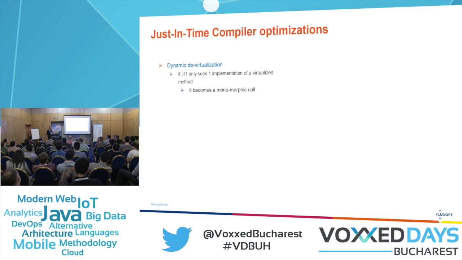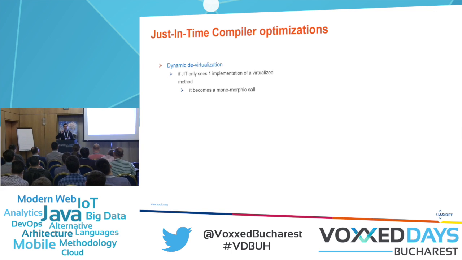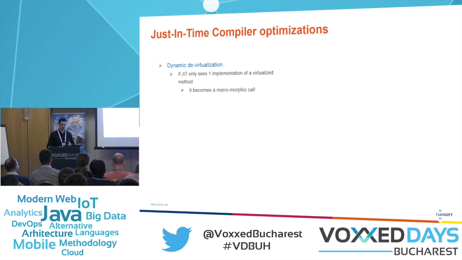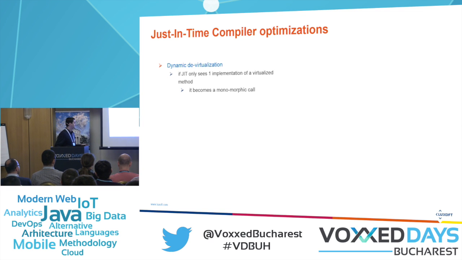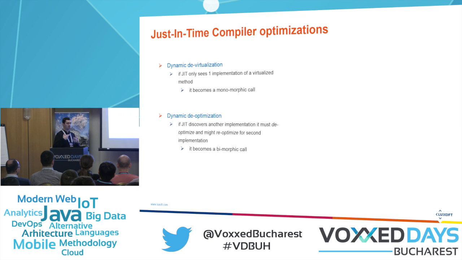It improves method invocation speed, because during the runtime there is no more time spent finding the target implementation. After a while, if the just-in-time compiler sees there is one more class that implements the same interface, but initially it didn't see it, it is able to de-optimize the initial optimization and probably re-optimize it again.